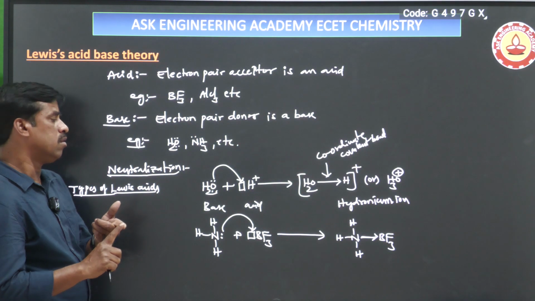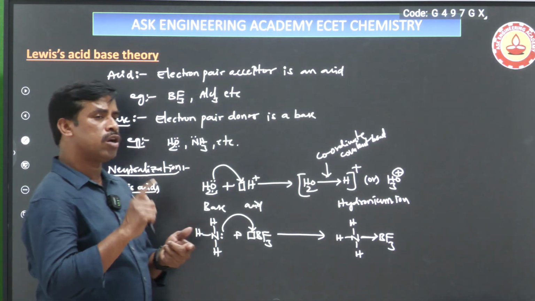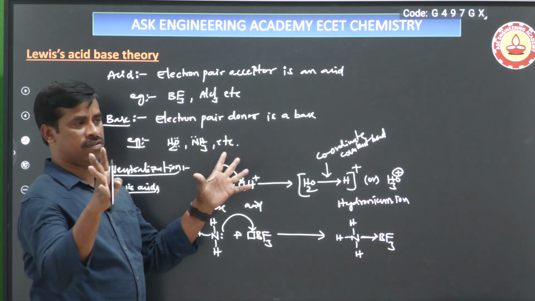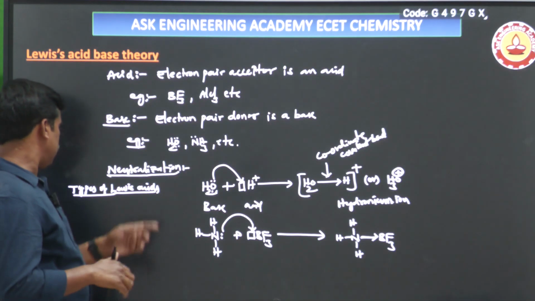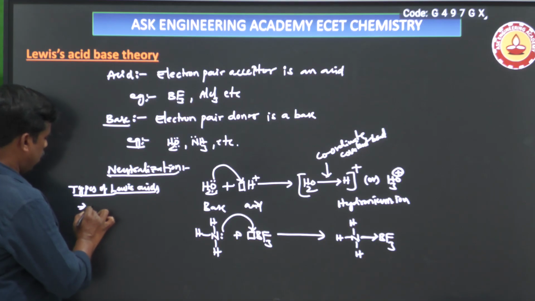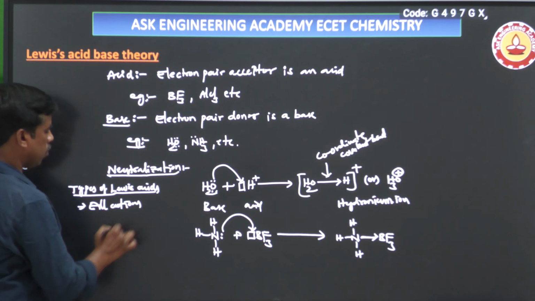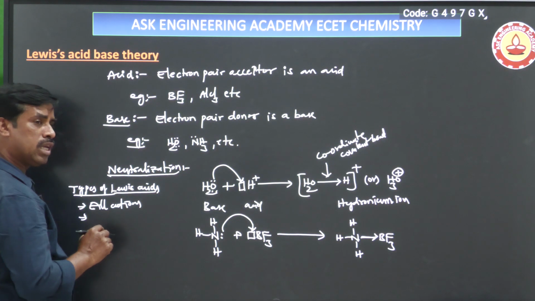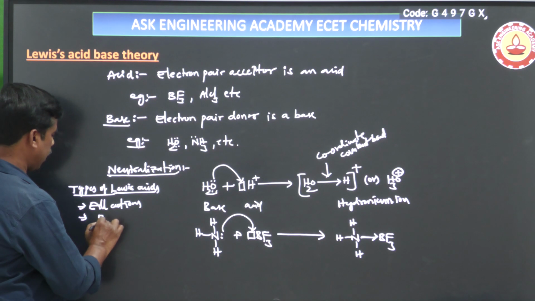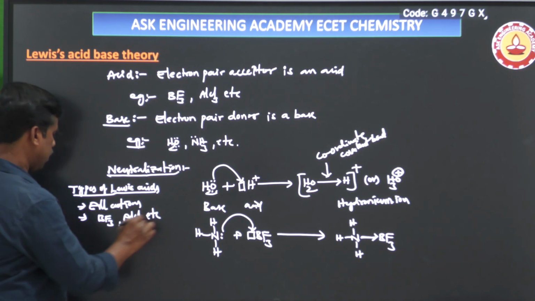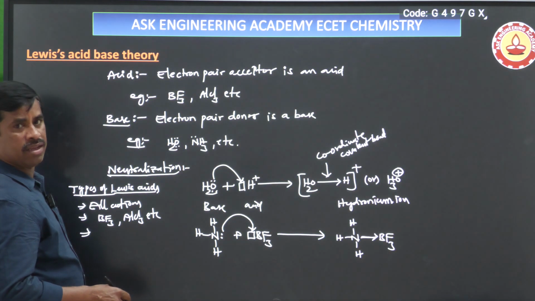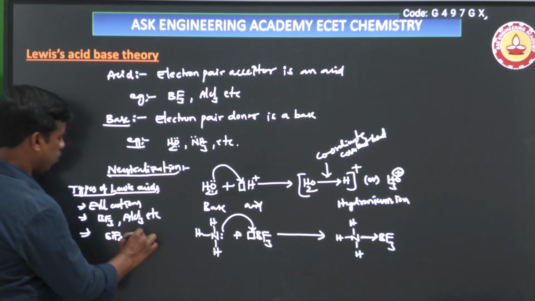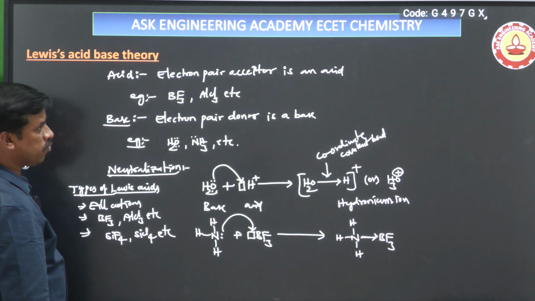The compounds which do not obey the octet rule, that is, which are electron deficient, are also treated as Lewis acids, like BF3, AlCl3, etc. The compounds which expand their octet are also Lewis acids, like SiF4, SiCl4, etc. These belong to the types of Lewis acids.